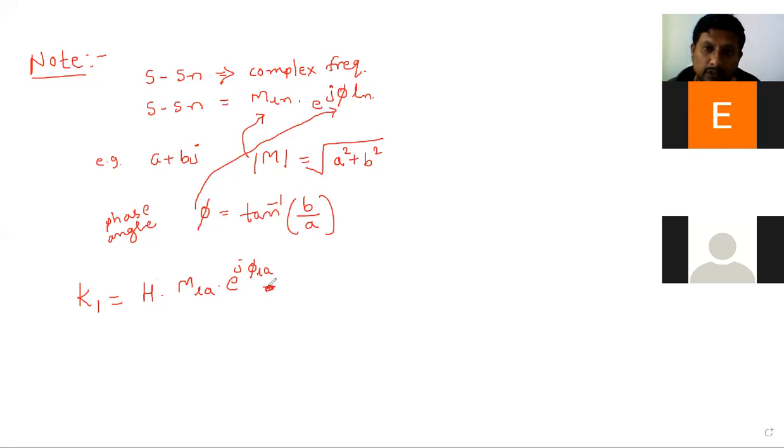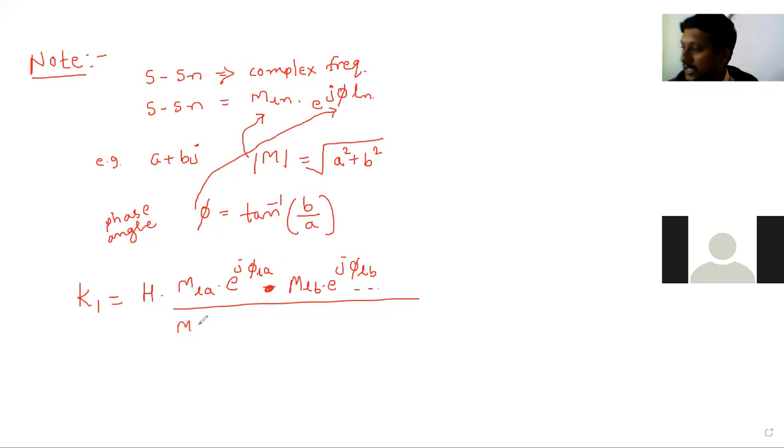Next, into M of lb into e raised to j phi of lb, like this it will continue, divided by, with respect to the denominator, that is the poles, M of l1 into e raised to j phi of l1 into M of l2 into e raised to j phi of l2, like this. So in this way we can find the value of coefficient k1.